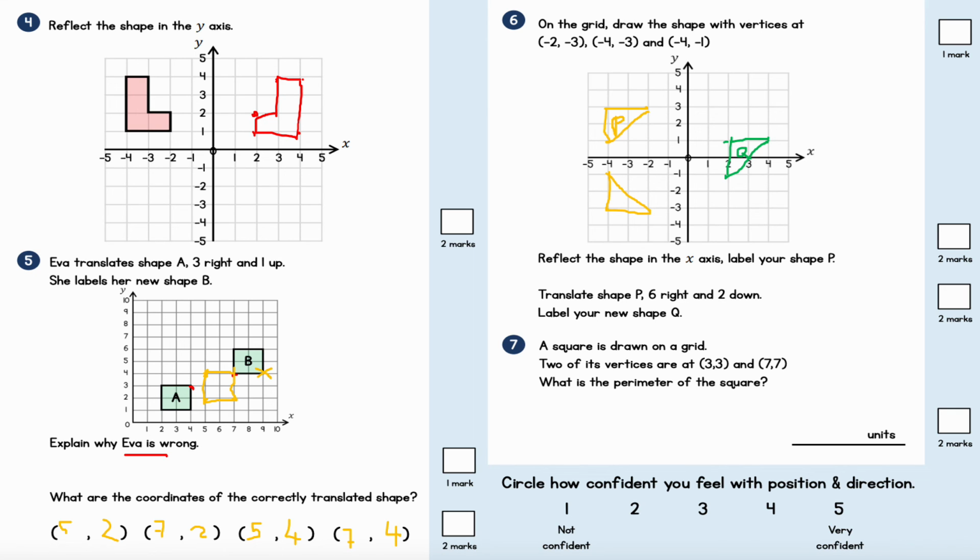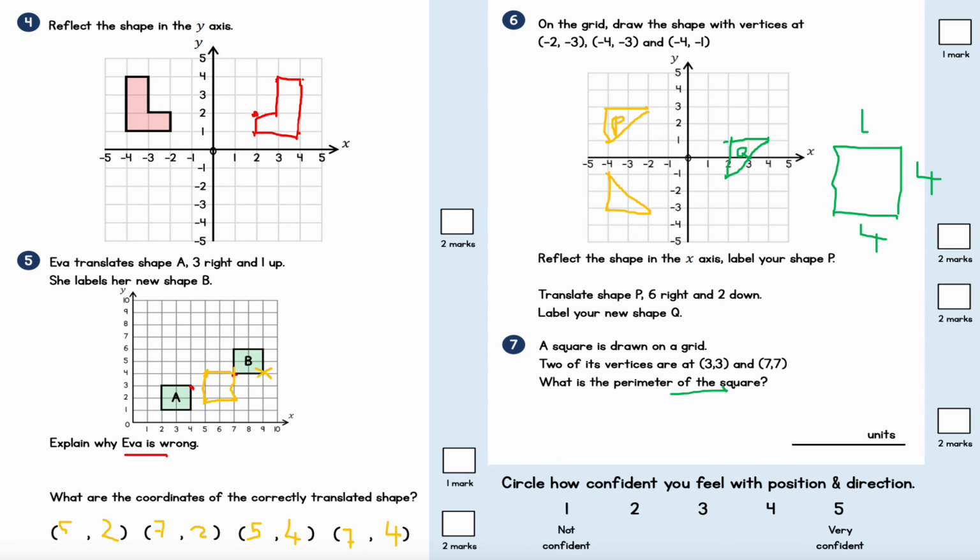Right, guys, this is question number 7. A square is drawn on the grid. 2 of its vertices are 3, 3 and 7, 7. What's the perimeter of this square? Now, I can obviously draw this visually, but I can look at the jumps. So it's going essentially 4 across and then 4 up and then 4 across and then 4 up or down. So each side length is 4 units.